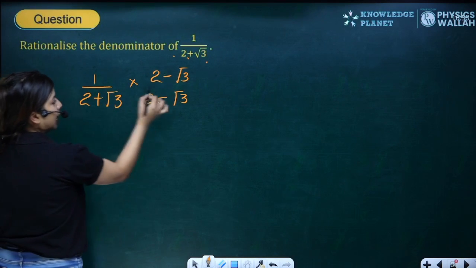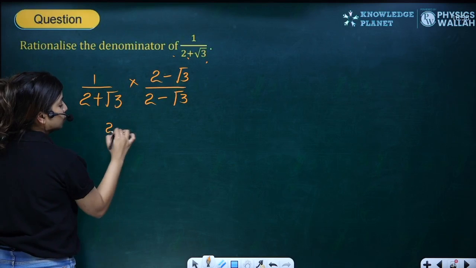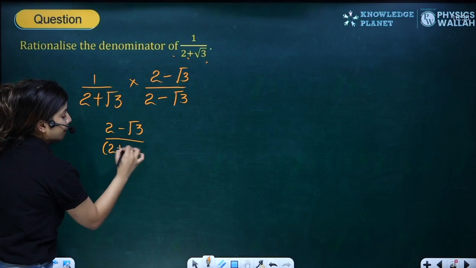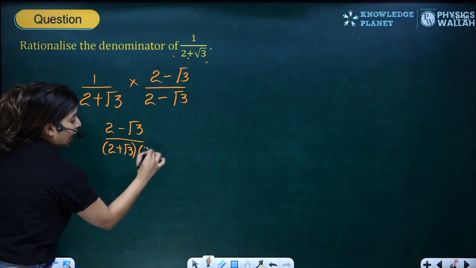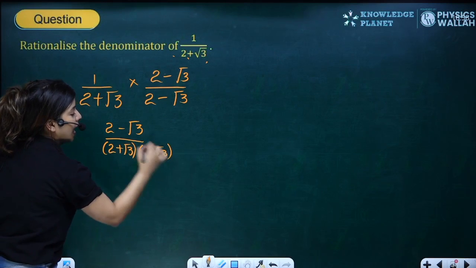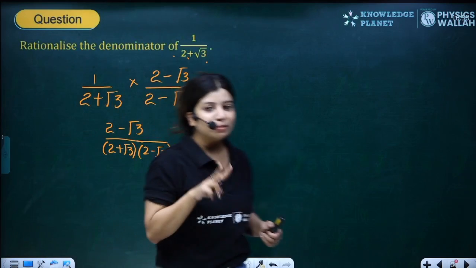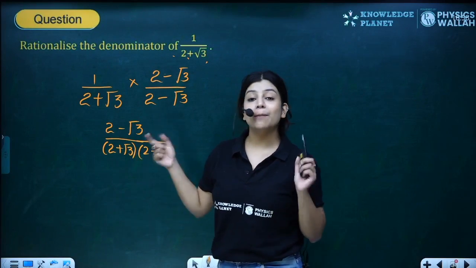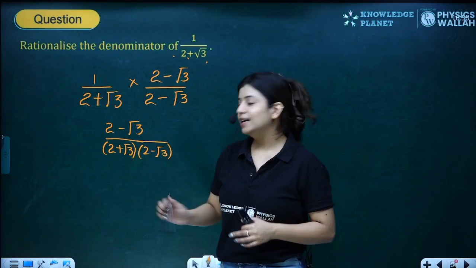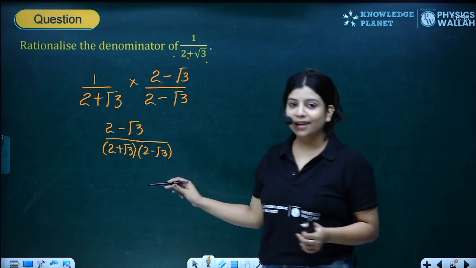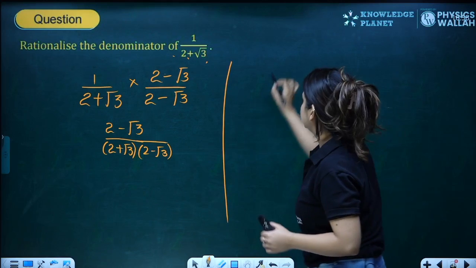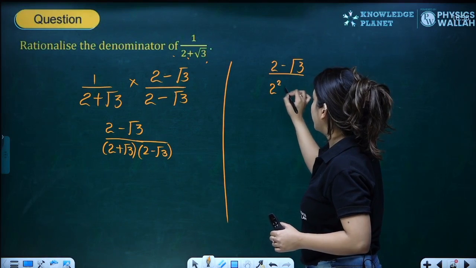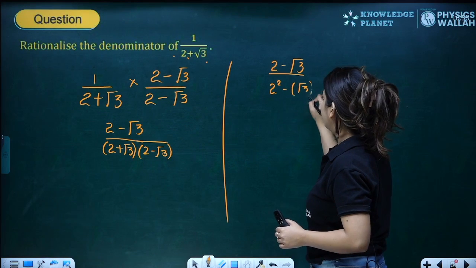Now just multiply 1 into 2 minus root 3 will give you 2 minus root 3. And over here it will become 2 plus root 3 and 2 minus root 3. Our actual purpose of taking the opposite sign was just to make sure that when these denominators are multiplied, they form an identity of a plus b and a minus b. So what we can simply do, we can simply use the identity of a square minus b square.